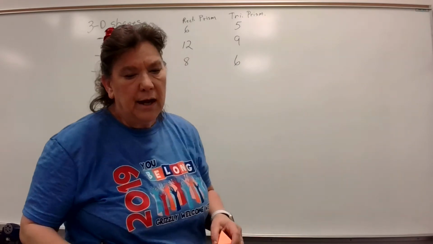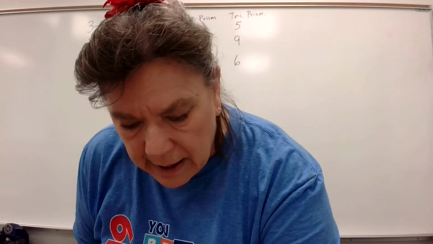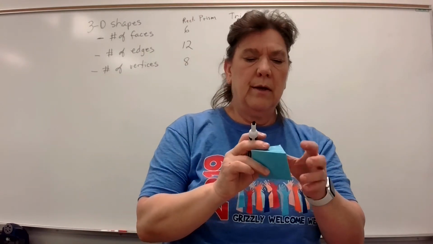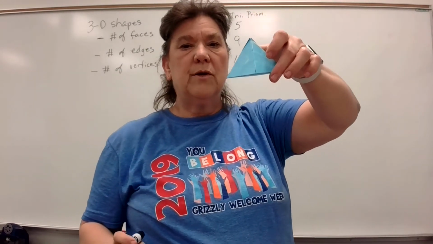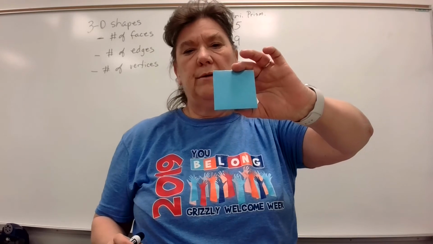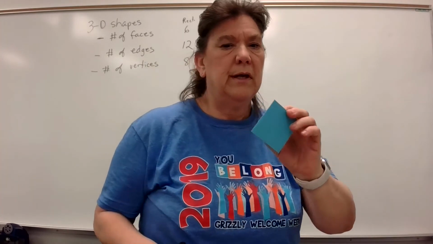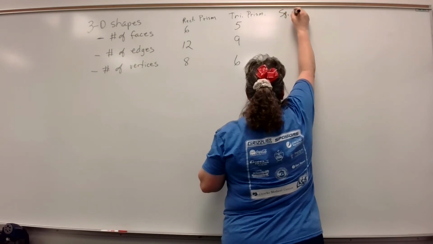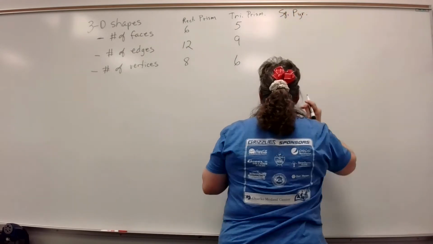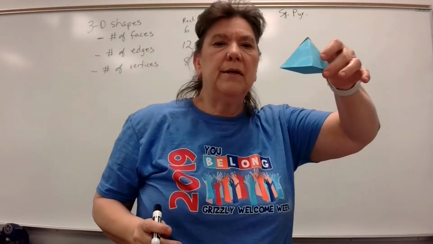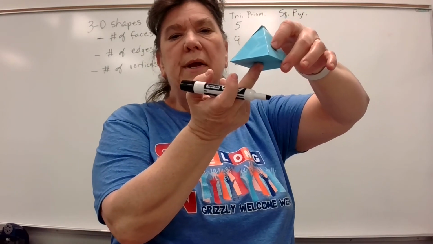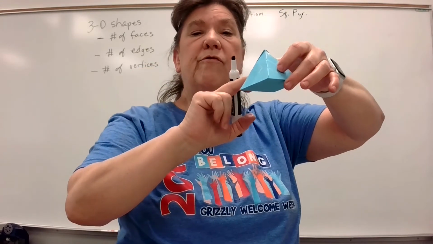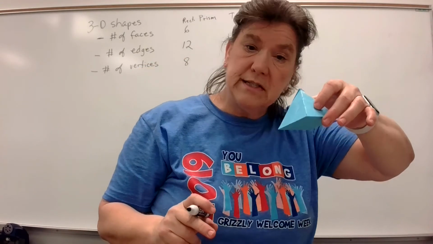Okay, now let's look at a square pyramid, okay? That's what this is called. Looking at the square pyramid, we have 1 base, so that's 1 face, and 1, 2, 3, 4 triangular faces around.